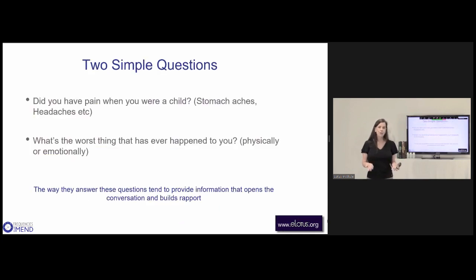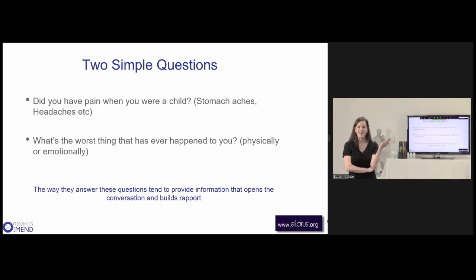So you saw me do this yesterday, except for one, because we went right into what is the worst thing that happened to you. The first one is, did you have pain when you were a child? Any pain when you were a child? The reason I ask that is because we already have the data, right?